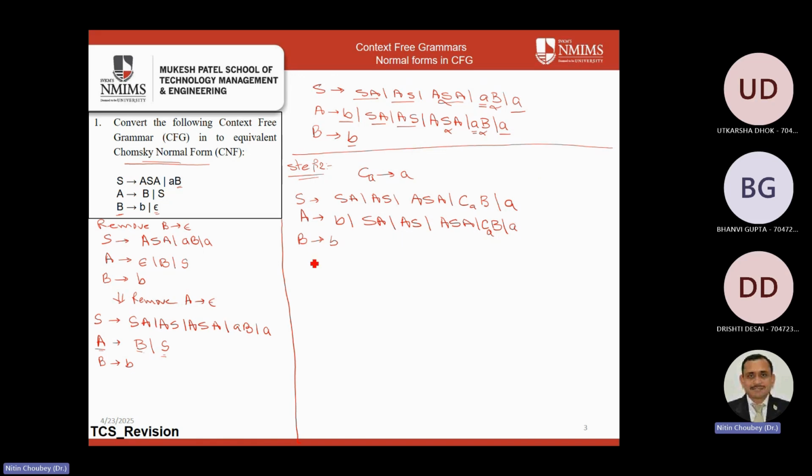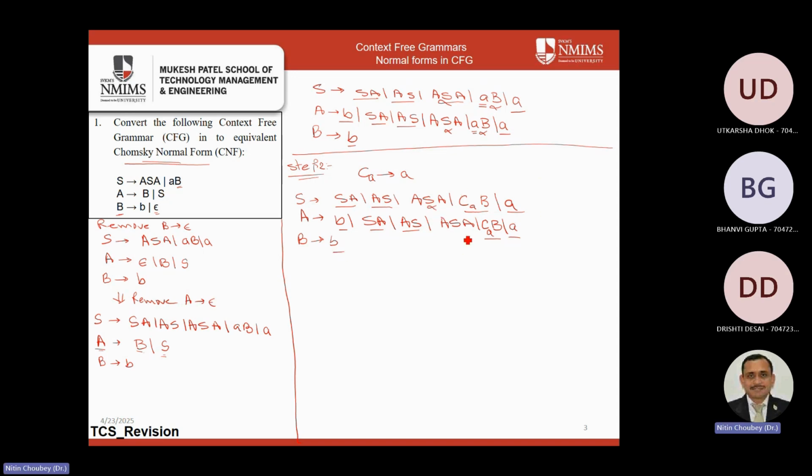Okay, so let's take again all the production rules for their availability in CNF. This is CNF, this is CNF, this CNF, 1, 2, 3, 4, 5, 6, 7. These all are in CNF.